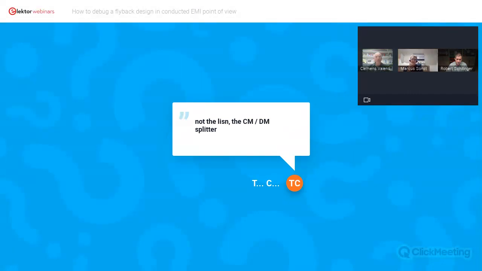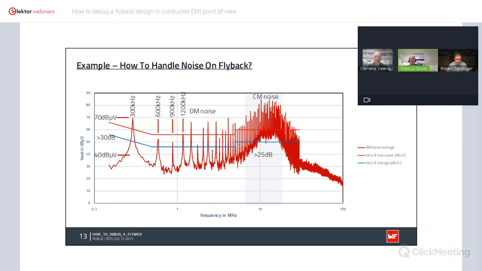This was about how to connect it. It is not the LISN, but the CM/DM splitter. Did we have a slide for that? I think that was the same slide we showed already, where we had this separation. I'm scrolling through the slides.